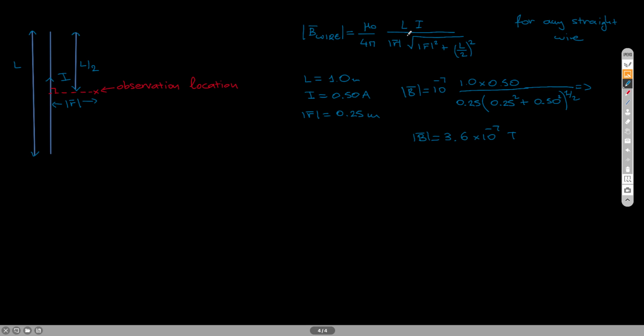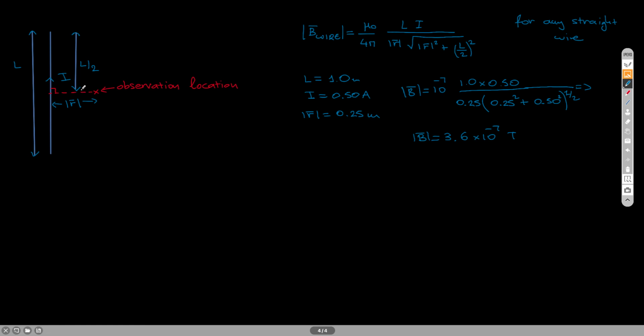This expression becomes a little bit more simple if our wire becomes infinitely long. Now, can you really make a wire infinitely long? No, you cannot. You can only make a wire very large. Practically, what does that mean?